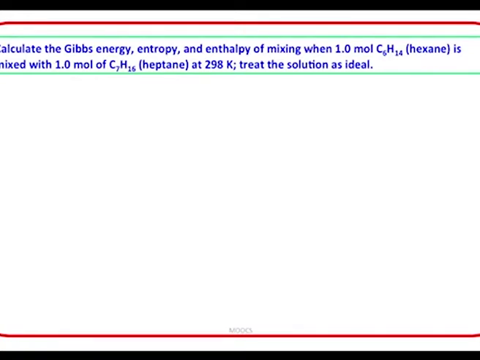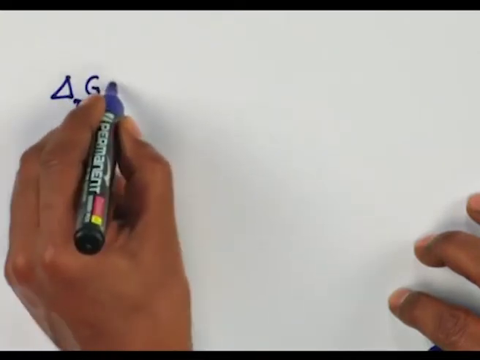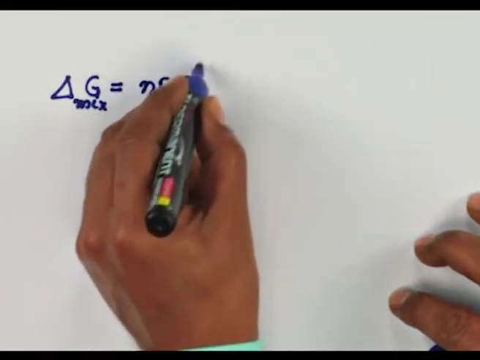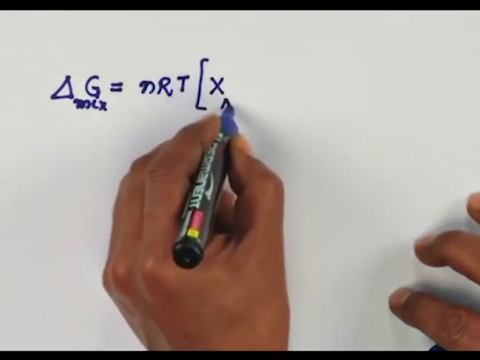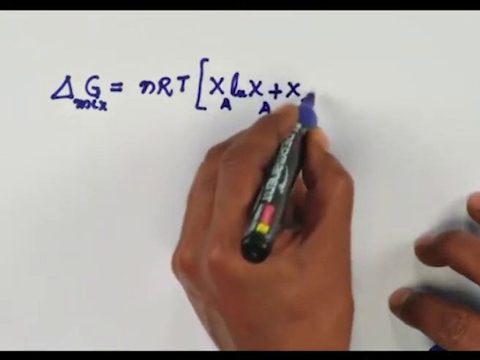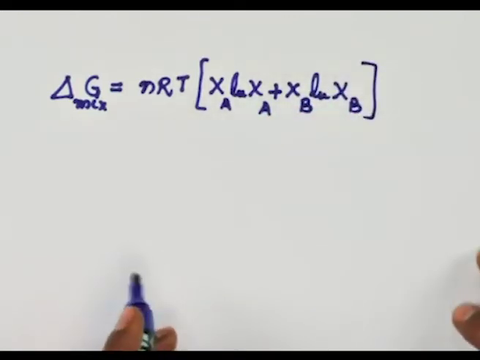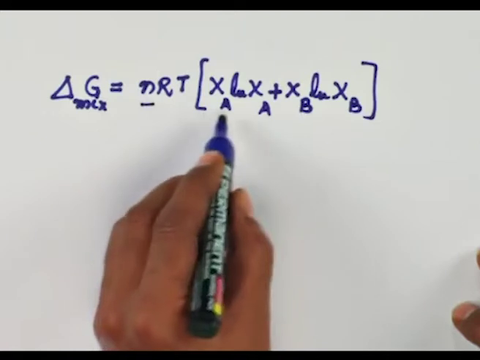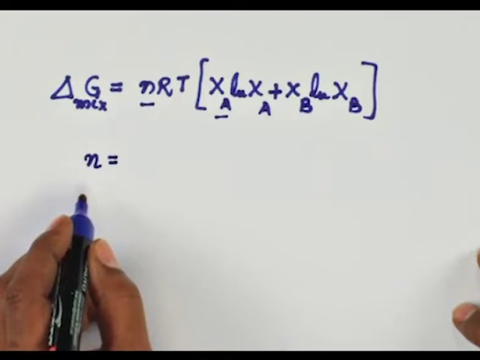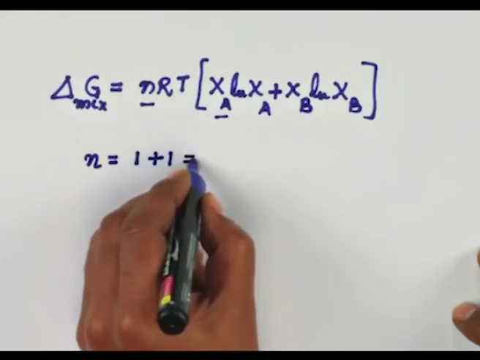We need to calculate free energy of mixing, which will be equal to nRT times XA log XA plus XB log XB. What we need is the value of n and the value of XA. n in this case is going to be equal to 2 because there is 1 mole of hexane plus 1 mole of heptane.